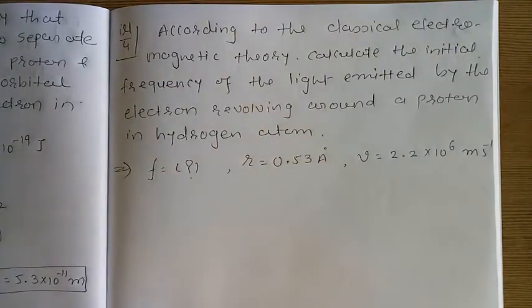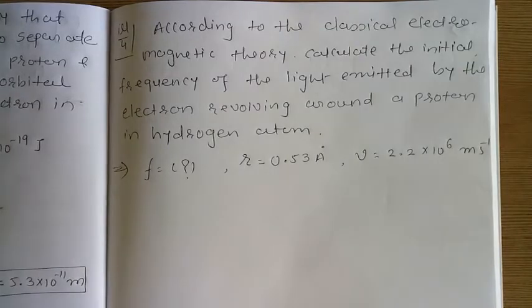You have to remember these things. The radius of hydrogen atom is 0.53 angstrom and the velocity of electron in the hydrogen atom is 2.2 into 10 raised to 6, and we already found the value of radius and velocity, right?